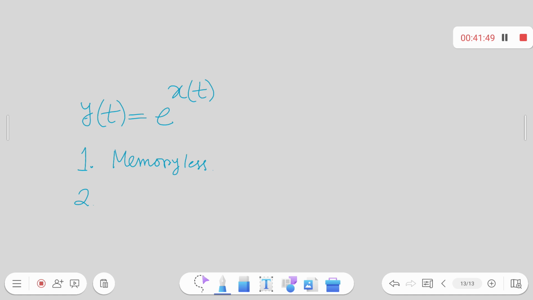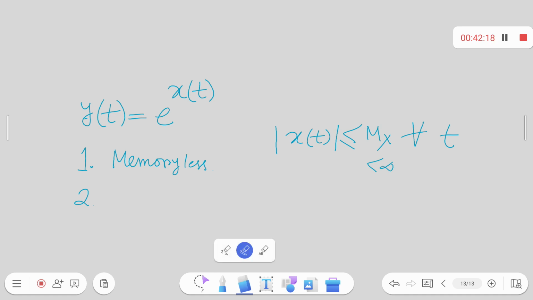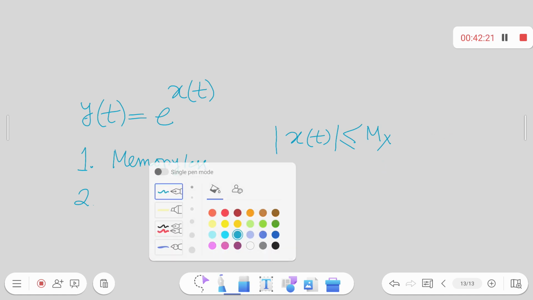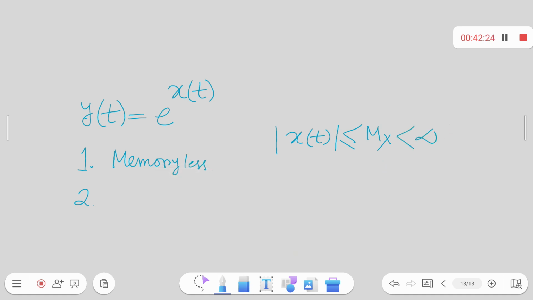Input bounded means that the modulus of x of t is less than or equal to Mx for all t, and Mx is a finite quantity, less than infinity.